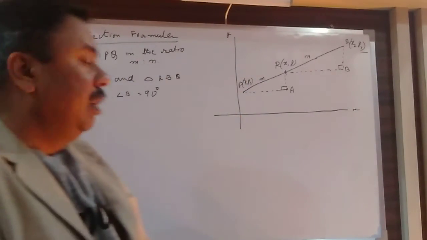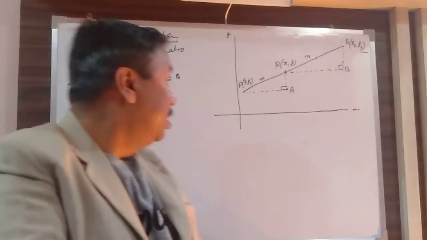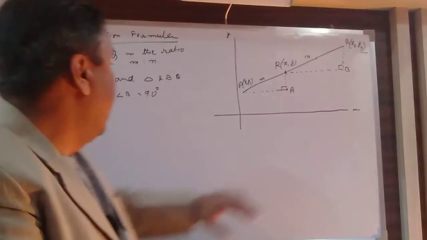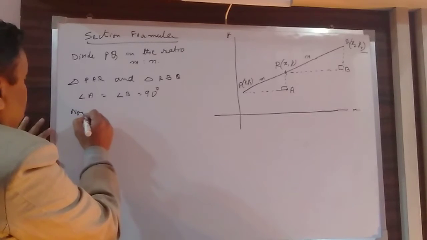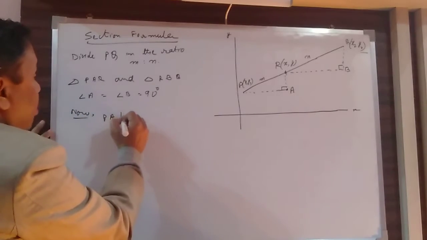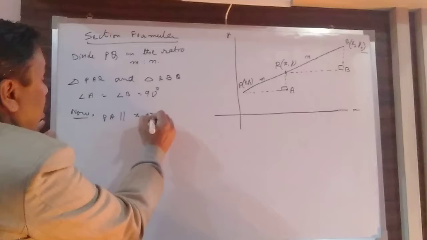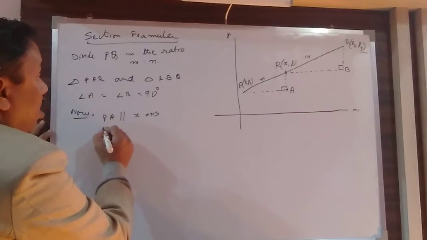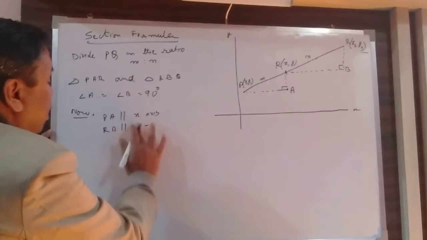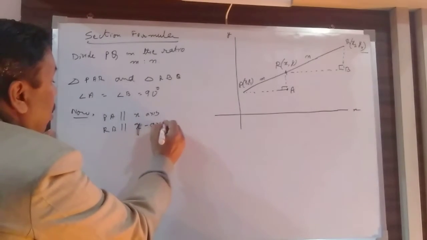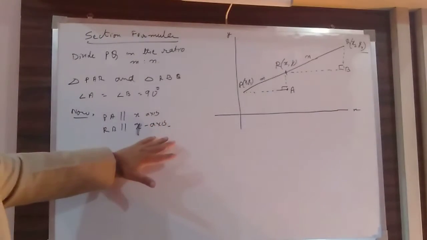The second thing is that PA is parallel to the x-axis. Similarly, RB is parallel to the x-axis.